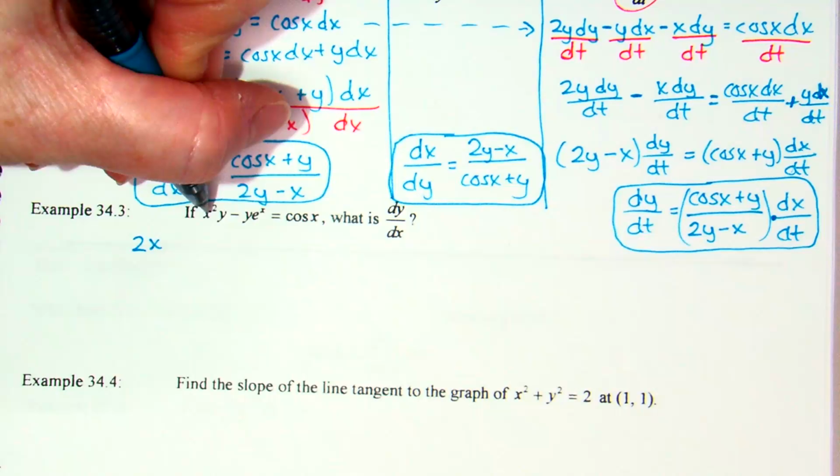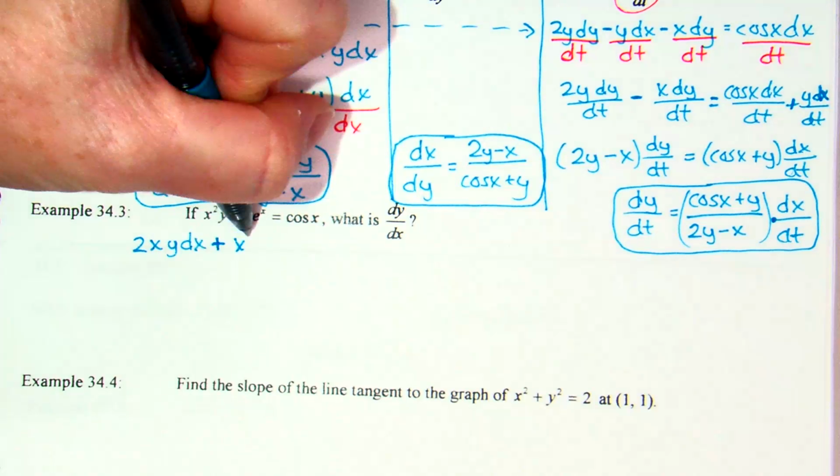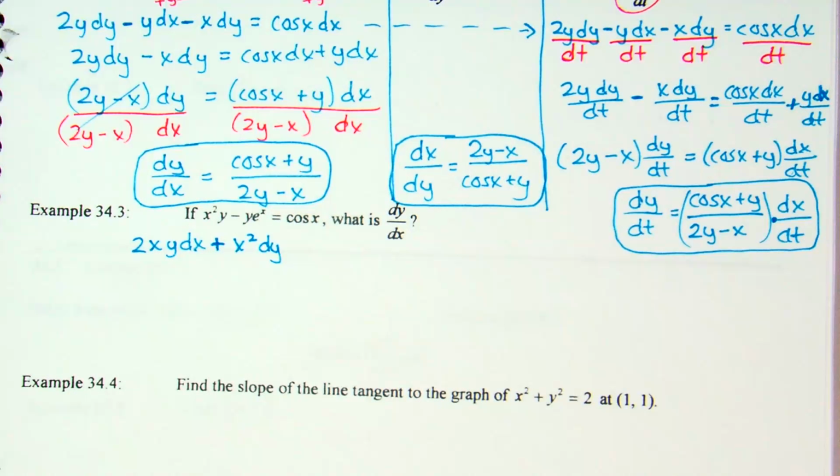Do you have that one way or another? Okay, so that was derivative of the x, keep the y, plus, now we're going to keep the x squared. What's the derivative of y? 1, and then dy, because we were taking the derivative of a y term.